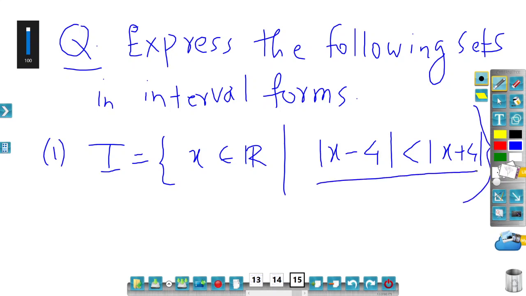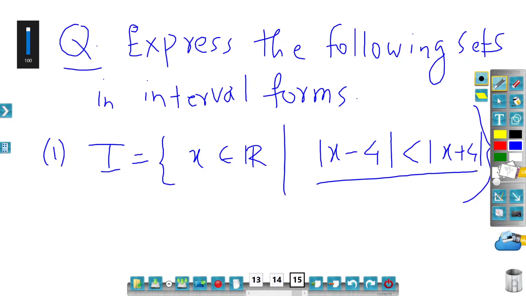Now you could see that x minus 4 is either greater than 0 or less than 0. If x minus 4 is greater than 0, then the modulus of x minus 4 is x minus 4 itself. If it is less than 0, then it is minus of that, minus (x minus 4).